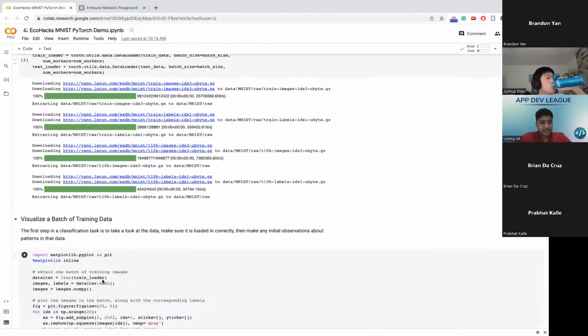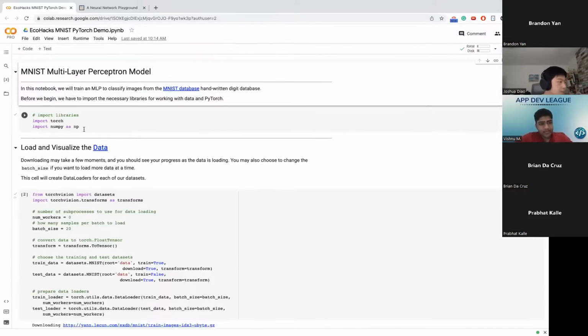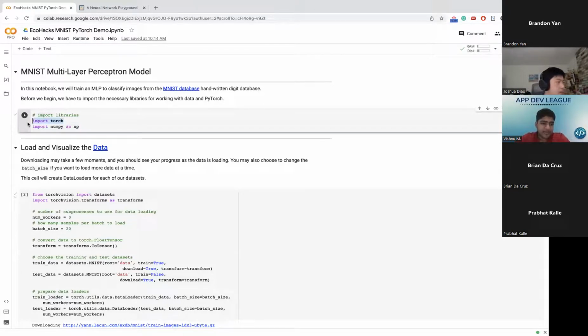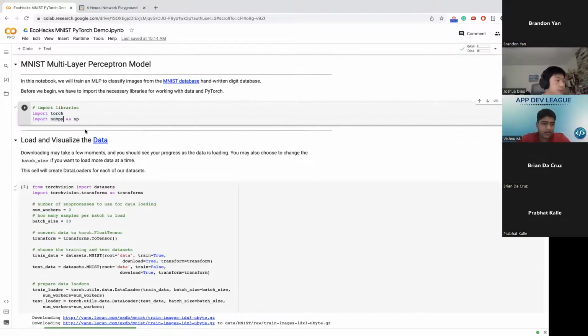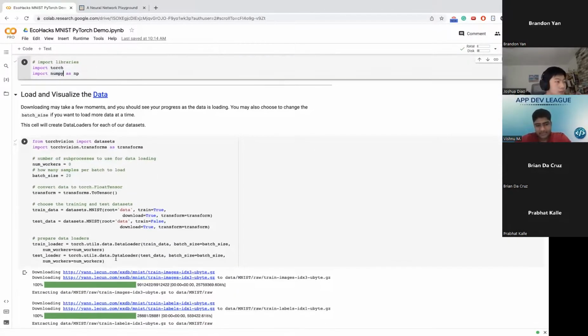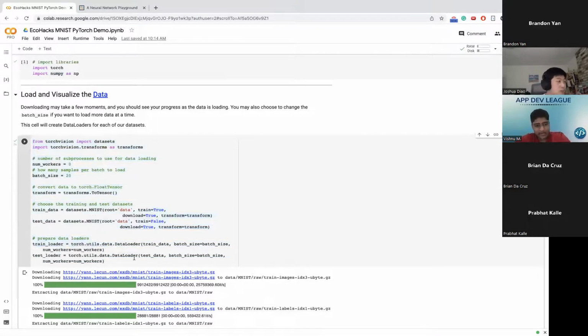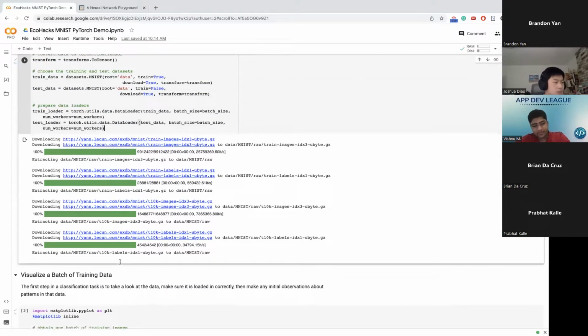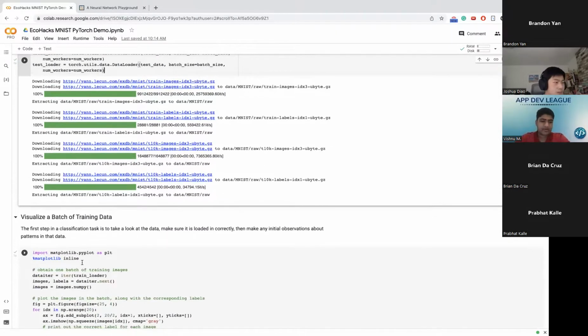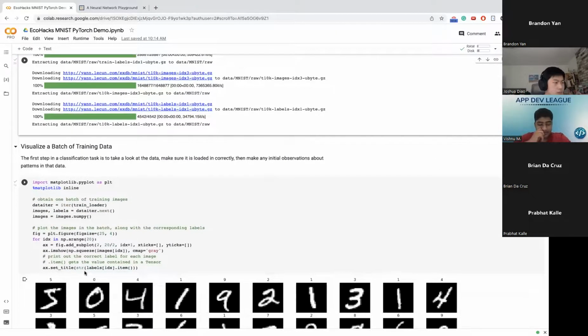You can see here, this one uses PyTorch. So we start by importing PyTorch and NumPy, which are both really useful for coding machine learning models. This section isn't as important. It's just downloading the images from the data set. And then we can use a library called matplotlib to visualize the data.